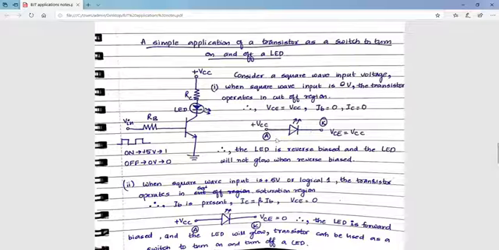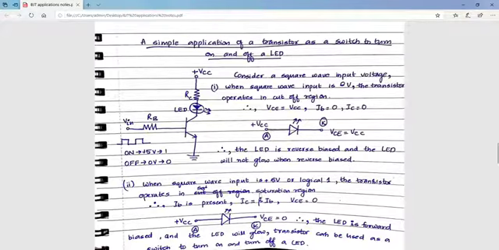But in this condition, both the voltages across anode and cathode are almost the same. We know that if the LED has to glow, the anode should be at higher potential compared to the cathode. Therefore, the LED is reverse biased, and the LED will not glow when it is reverse biased.